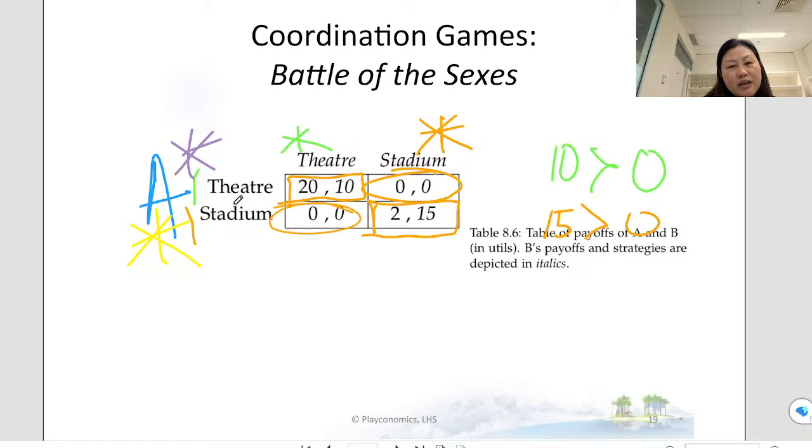These are strategy profiles. They are a set of strategies, one for each player. Therefore, what we're looking for in these types of games is a strategy profile where no player has the incentive to deviate from their current strategy.